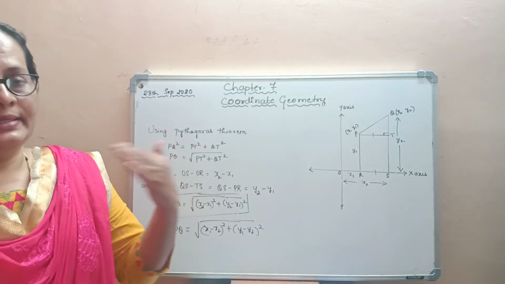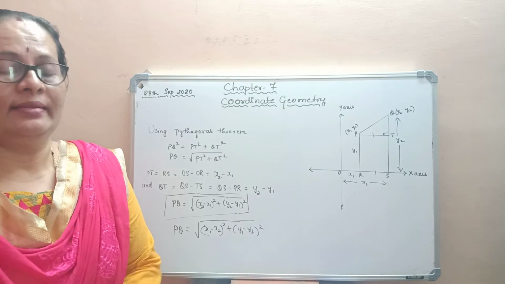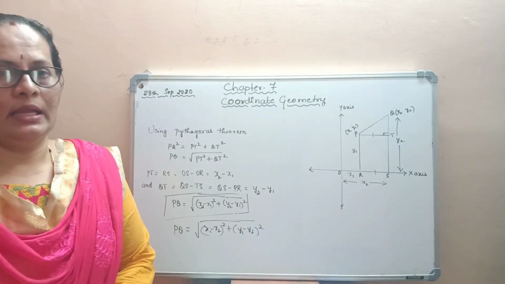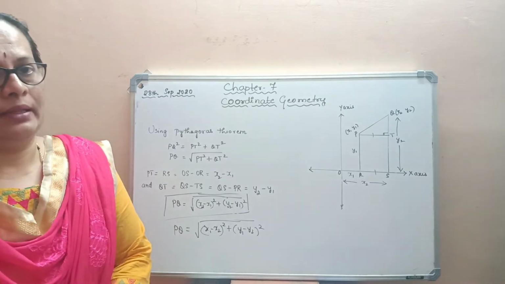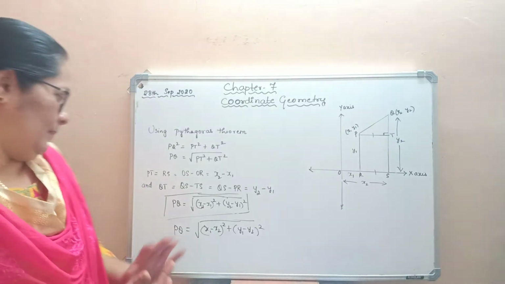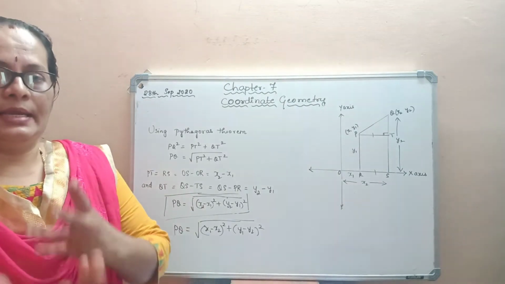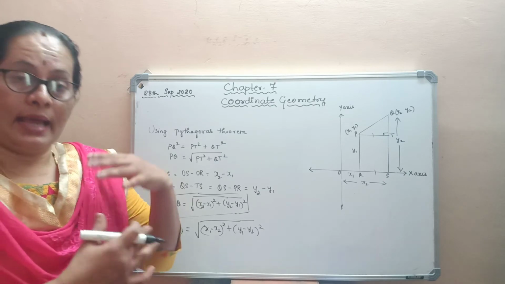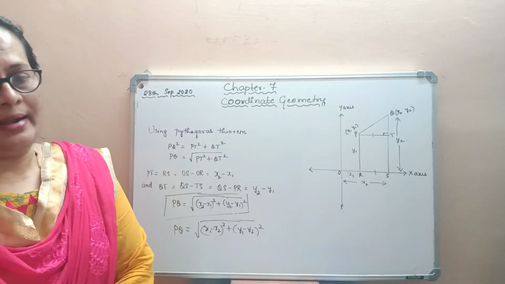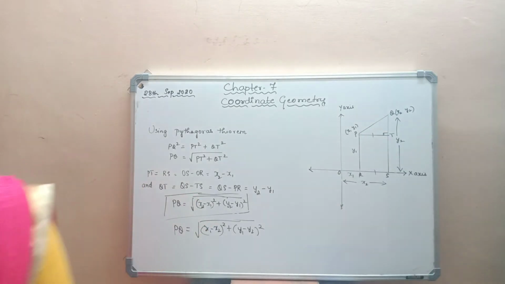If opposite sides are equal and diagonals also equal, it is a rectangle. If opposite sides are equal, diagonals not equal, it is a parallelogram. So, let us see some examples.